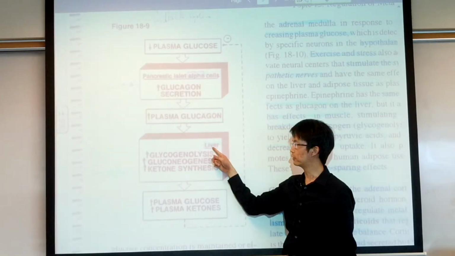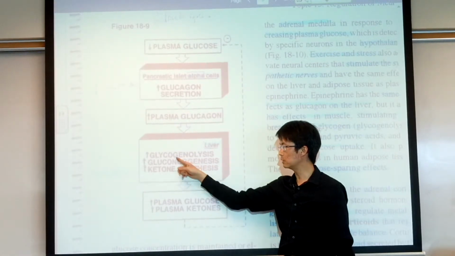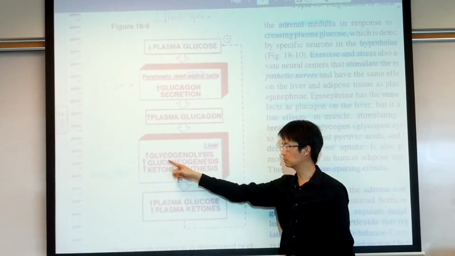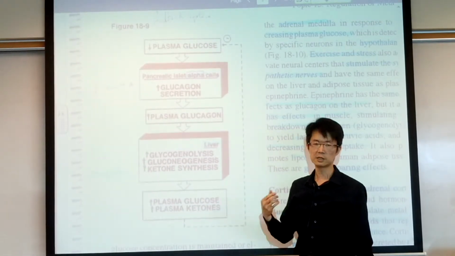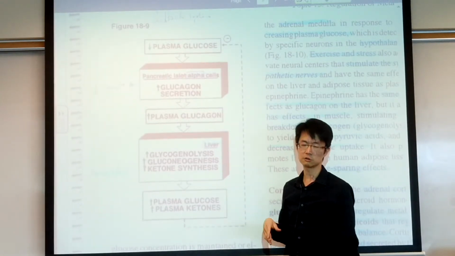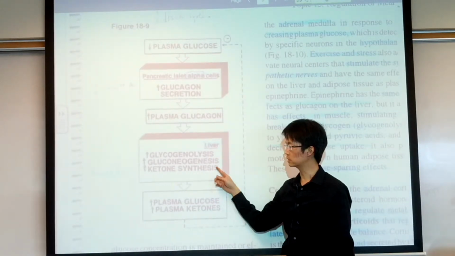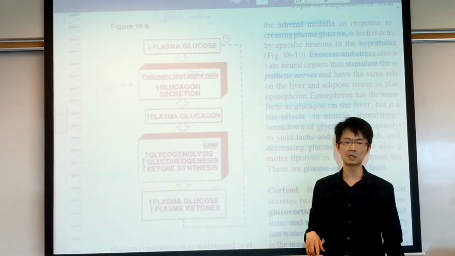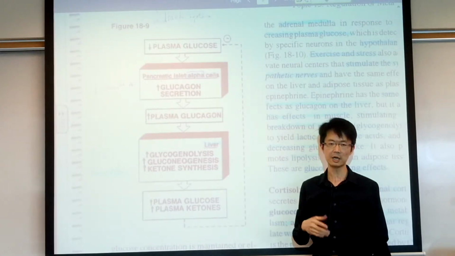And then you will tell the liver to increase gluconeogenesis. Neo means new, genesis means making, creating glucose from new molecules such as fatty acid, amino acid, lactic acid, and so on and so forth. And then you also tell the liver to increase ketone synthesis. Remember ketone, where do we get ketone from? When we metabolize fatty acid, such as, remember in the first exam I talked about weight loss and also the Atkins diet.